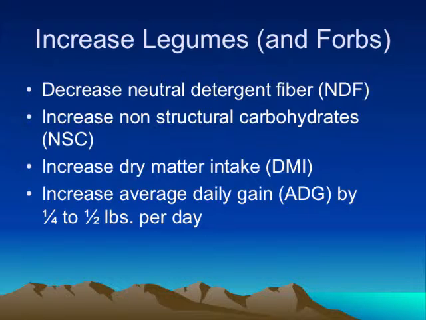This increases dry matter intake, and just going from a straight grass pasture to one that has 20 to 30% legumes will increase average daily gain somewhere between 1/4 and 1/2 pound a day on growing animals, and in a dry beef cow too, but if it's a lactating beef cow or dairy cow, especially a lactating dairy cow will put out 8 pounds more milk, as opposed to 1/2 pound a day gain.